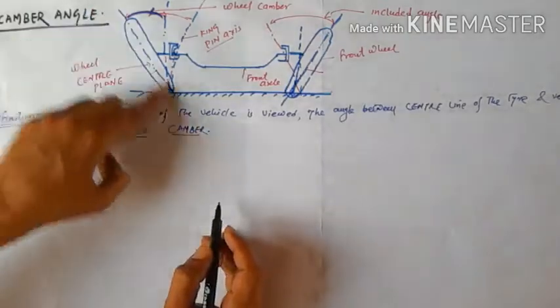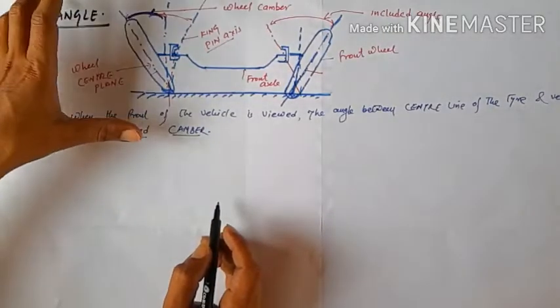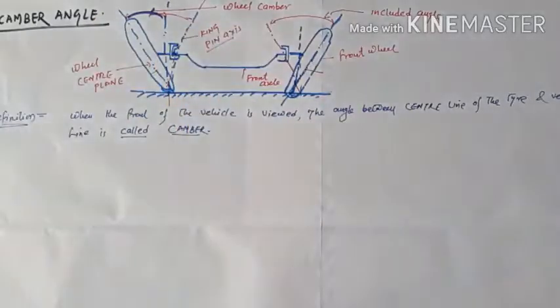So clearly this is the wheel center plane and the tire center line, and this is the vertical line. The angle between these two is the camber angle.